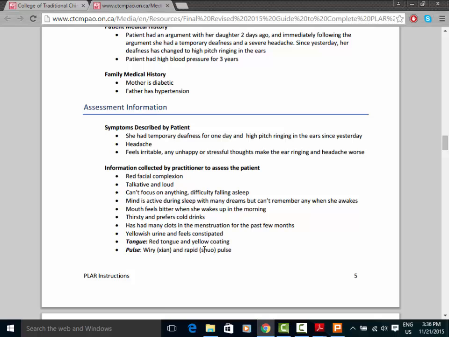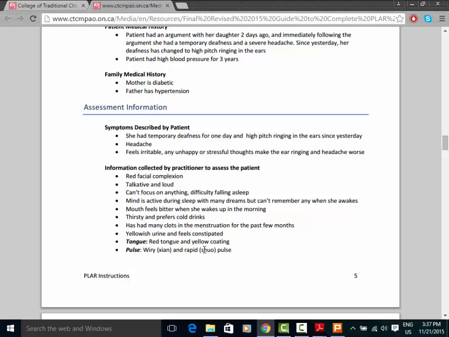What's a predisposing factor? It's something, a weakness that she has in the body before this incident happened. This led to... What led? The increased liver yang, or excess in the liver. It predisposed her to have that increase.